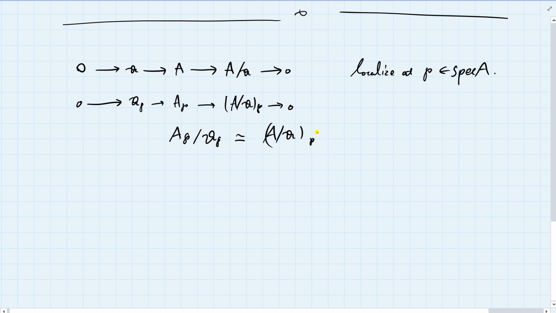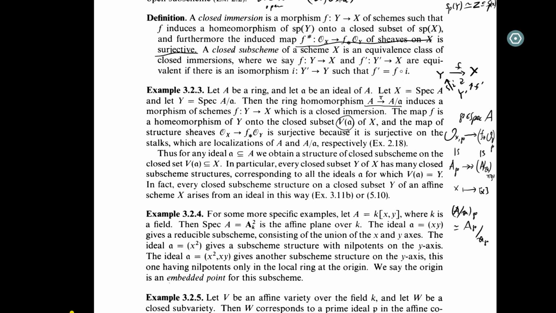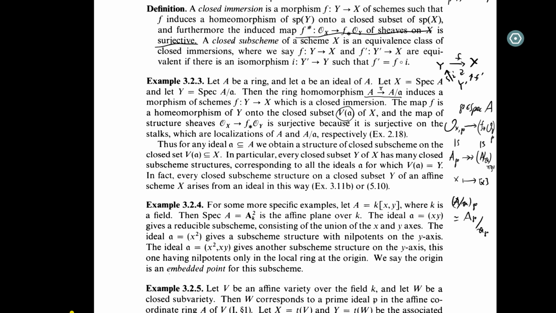Thus, for any ideal a of A, we obtain a structural closed subscheme on the closed set. In particular, every closed subset Y of X has many closed subscheme structures.